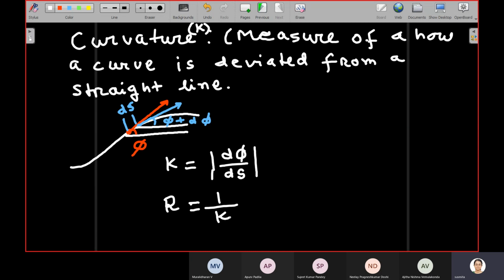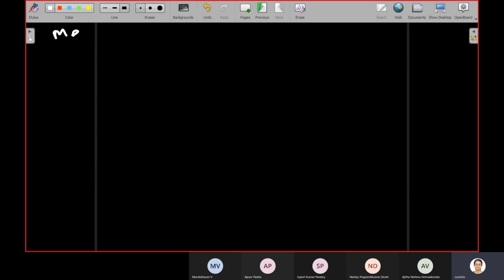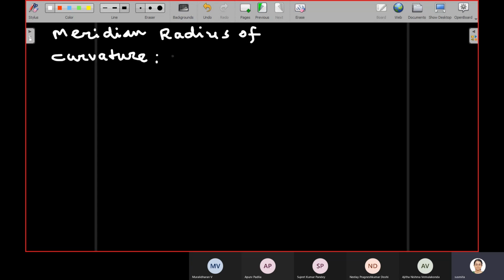Now, in the case of the reference ellipsoid, we define two radii of curvature. The first one is called meridian radius of curvature. So it is used for north-south motion.